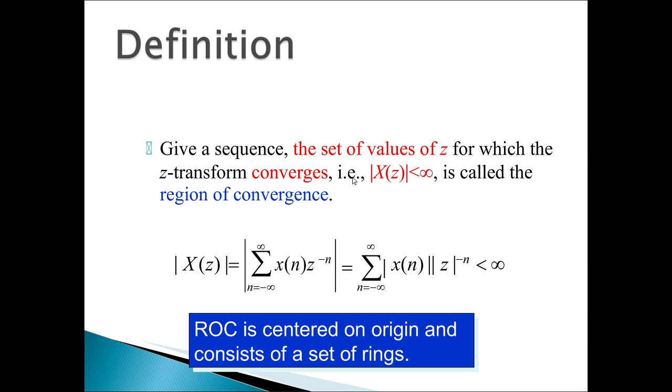Then I am going to explain the same now. It gives the set of values of z for which the z transform, that is x of z, converges, that is, it must be a finite value.